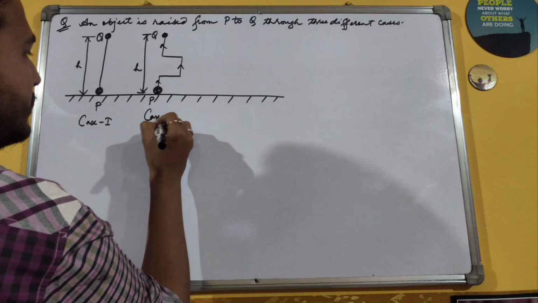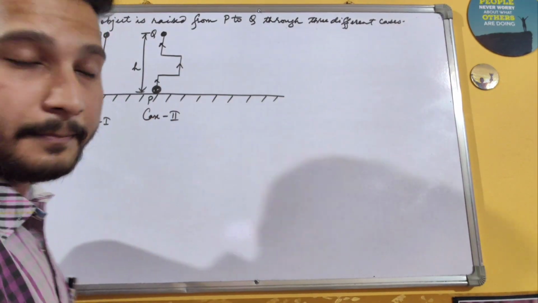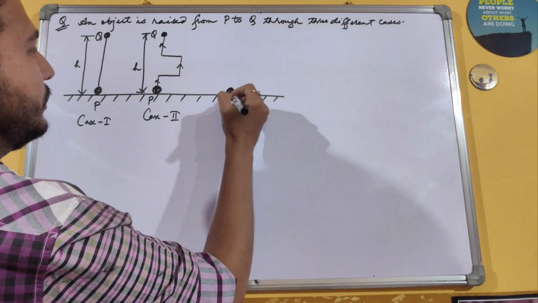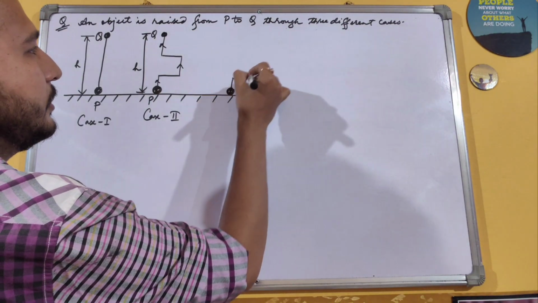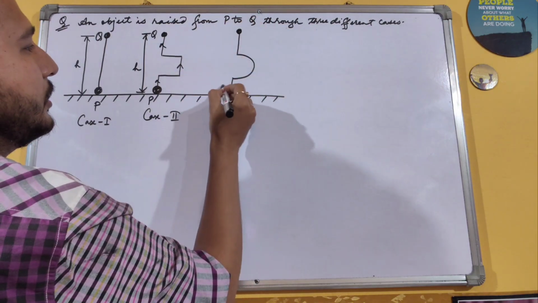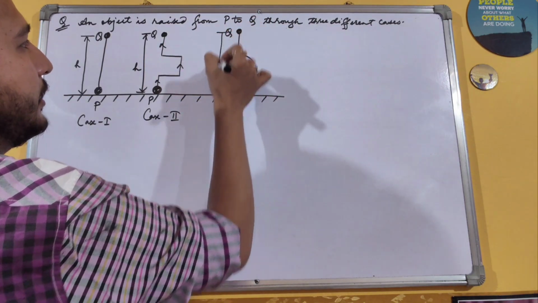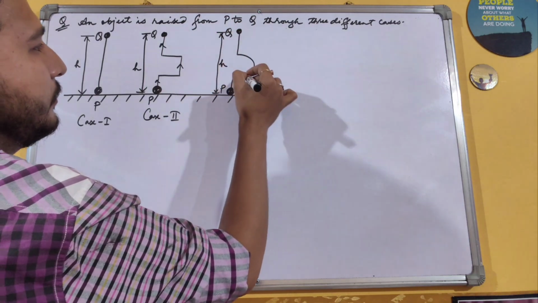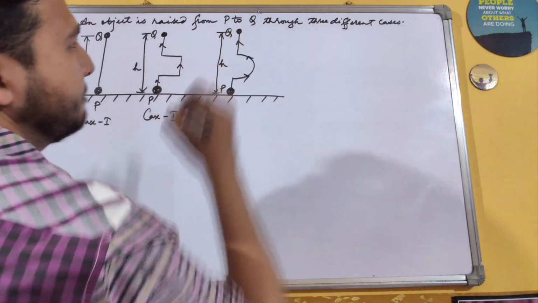So that's case 2. In another case, the object has been raised like this, P to Q, same height, but through another different path.